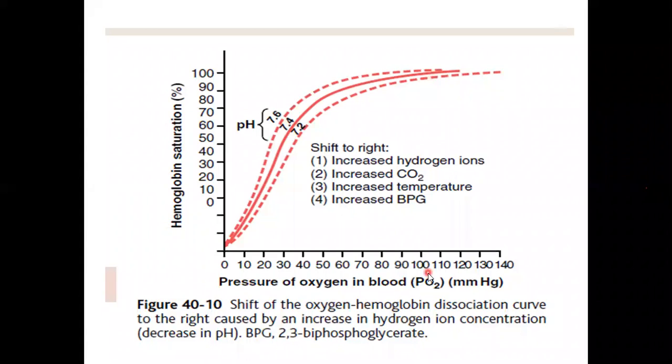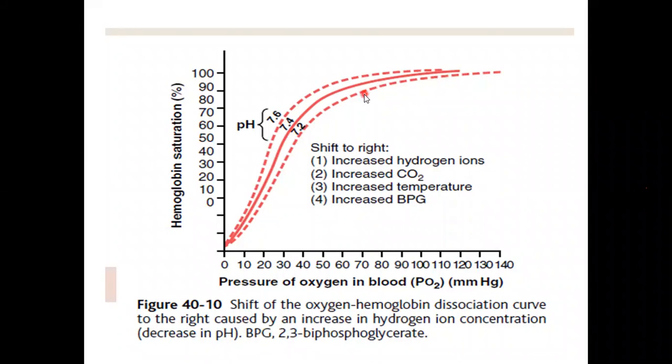After this 100 mm of Hg of the partial pressure of the oxygen, there is no increase in the saturation because almost 97% of the hemoglobin saturates. That means it combines with oxygen and forms oxyhemoglobin.